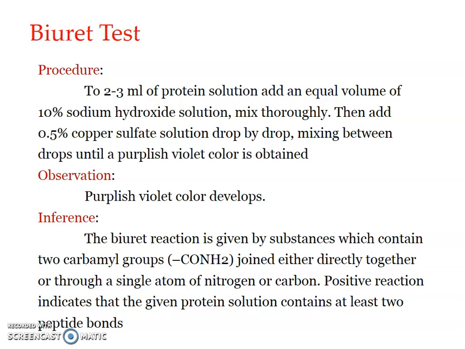So when we add copper sulfate solution, a purplish color develops, and until we have a sustained purplish color, we can add the copper sulfate.